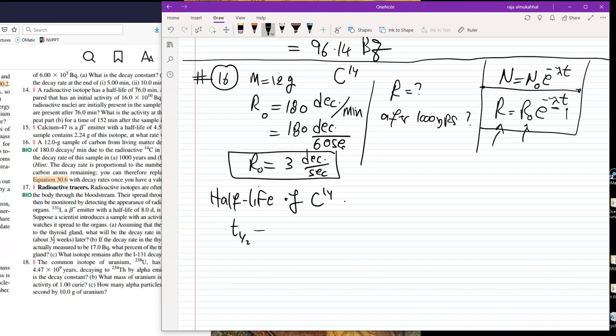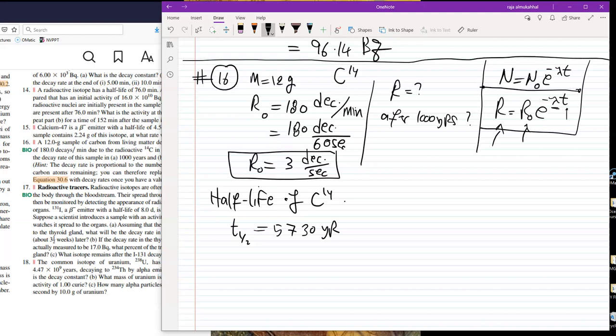The half-life of carbon-14 is 5730 years. It's not given in the problem, but it's a well-known number. Whenever you read a problem about carbon-14, this is the half-life. The problem doesn't give it to you, but it's assumed that you can look it up. You got that?